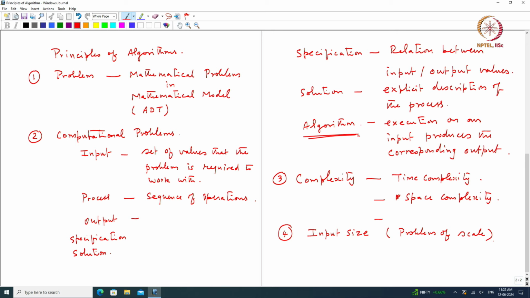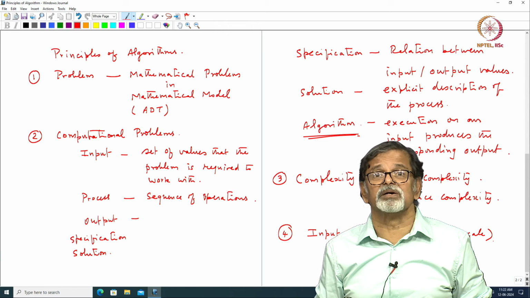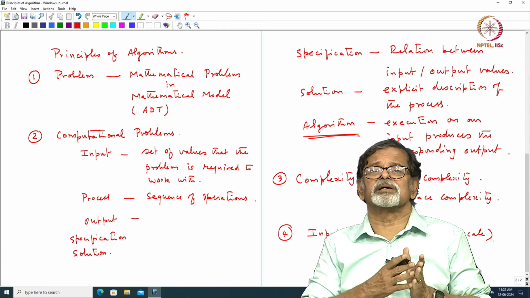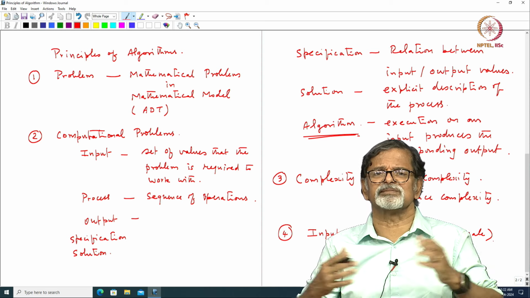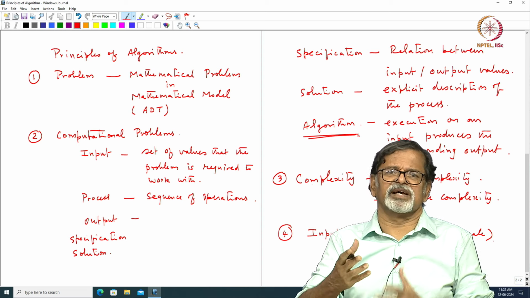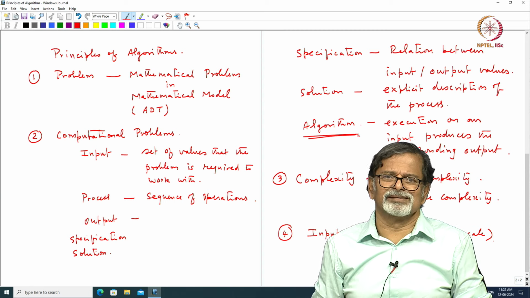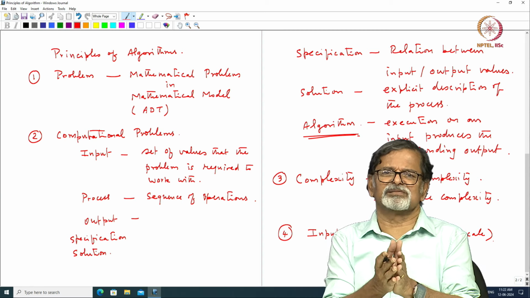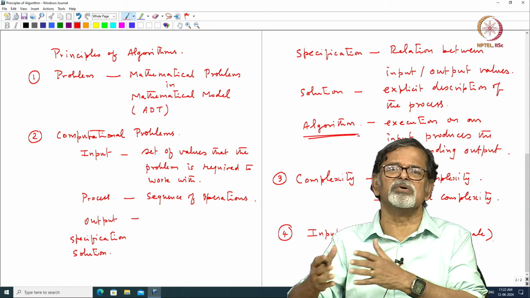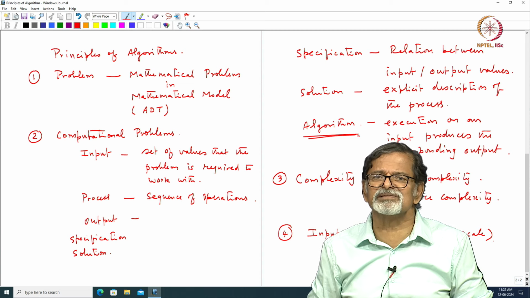Typically, computers are used to solve problems that would work on a large amount of data. Take for example our railway reservation system. When the number of passengers was much less, we were using physical ledgers and notebooks and so on to record the reservation details.